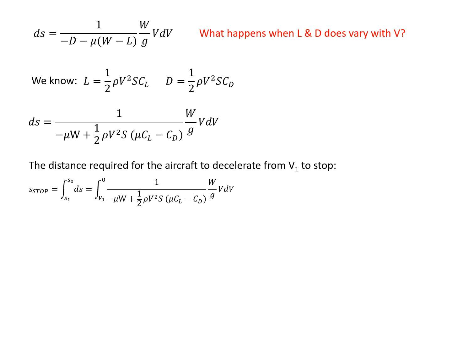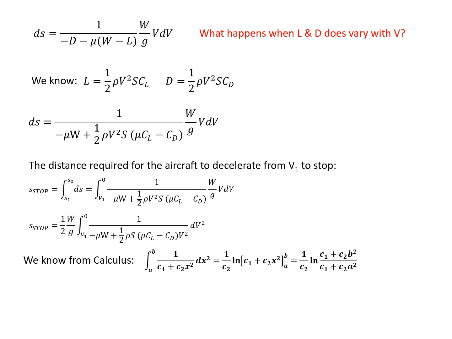It is similar to before, but this time, because the term before dv changes with v, we can't take it out. So we can rewrite it as an integration against dv squared. In the coefficient, we have 1 over something plus something times v squared. If you remember from calculus, we used this relation in the previous demonstration.